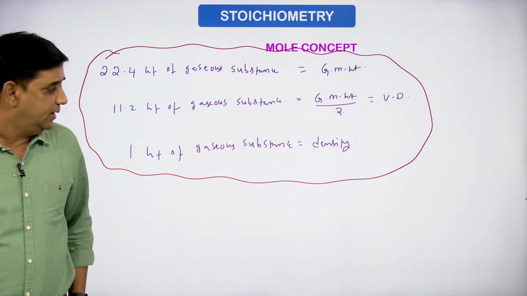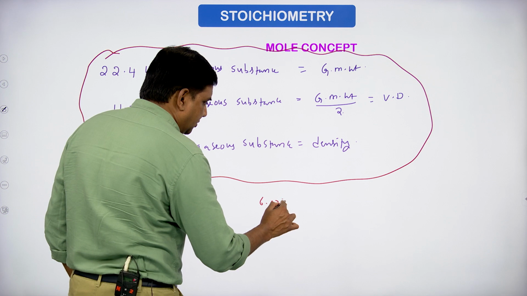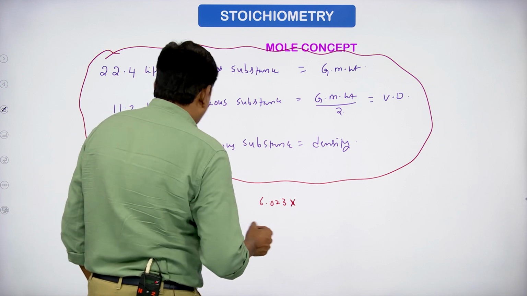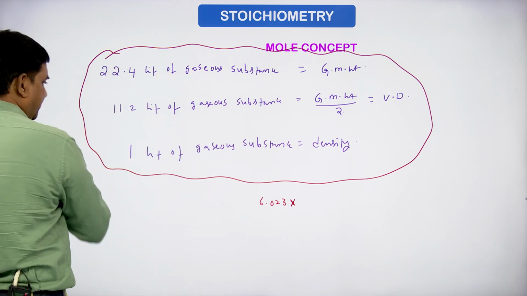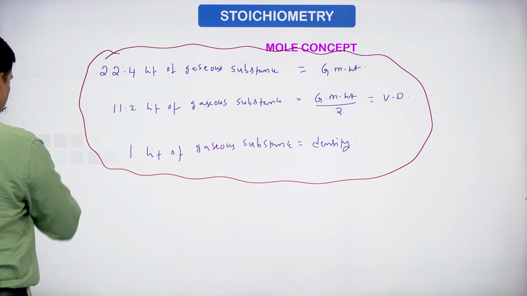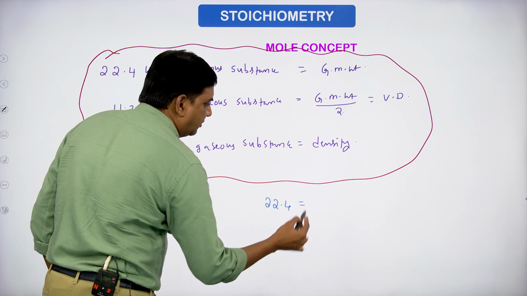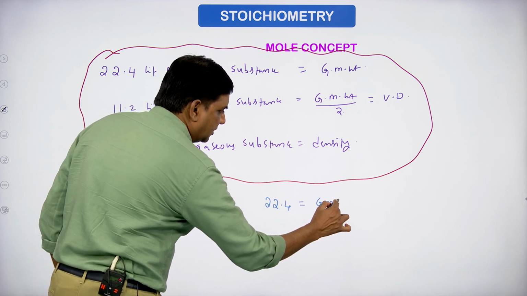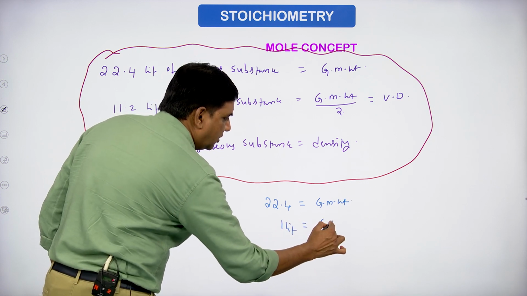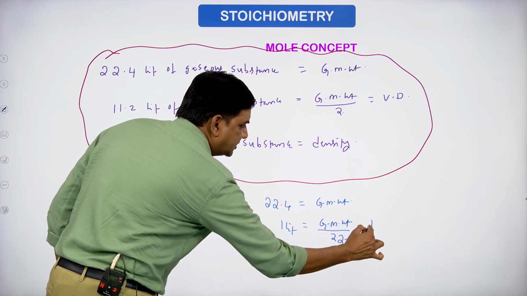That would be density. 22.4 liters equals gram molecular weight, and 1 liter mass is equal to gram molecular weight by 22.4 liters, and this is nothing but the density.